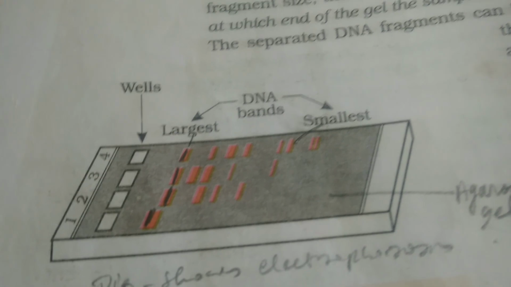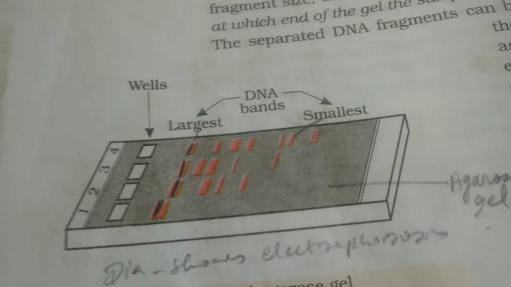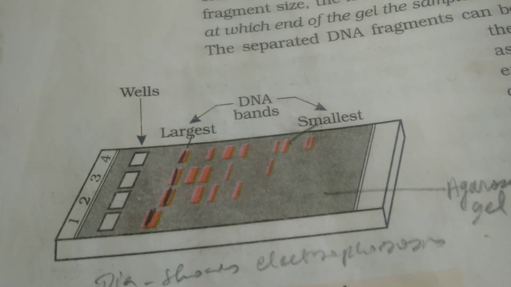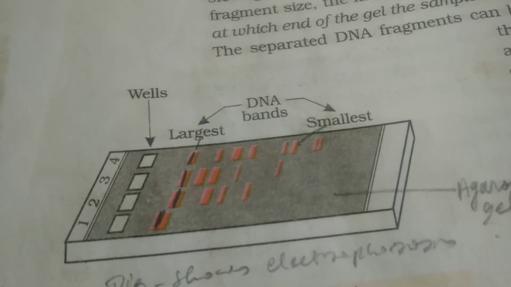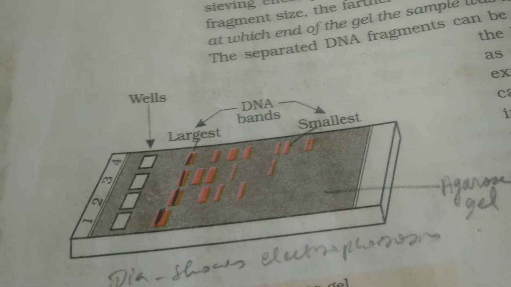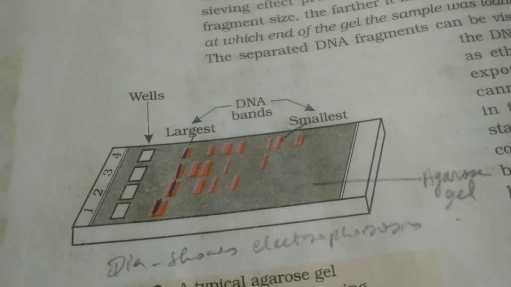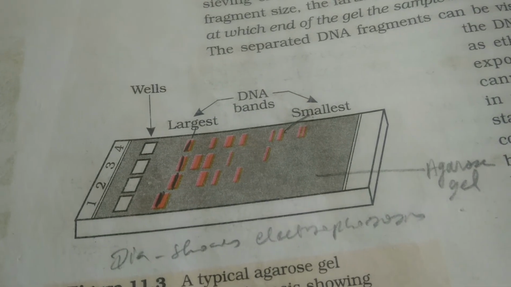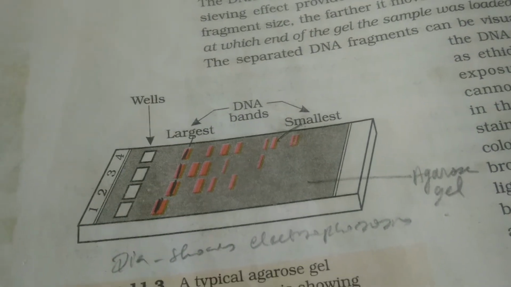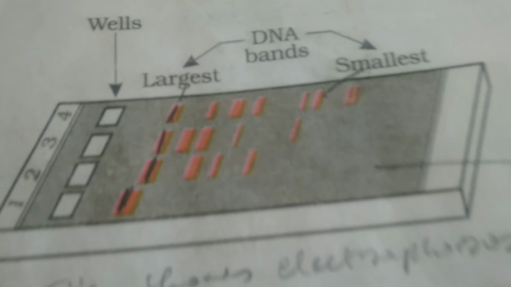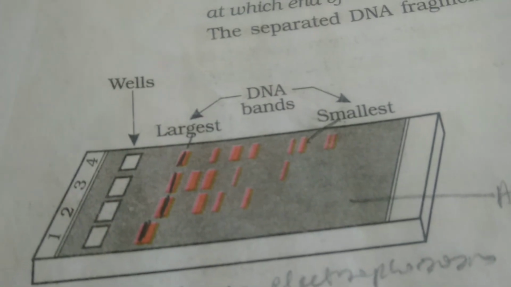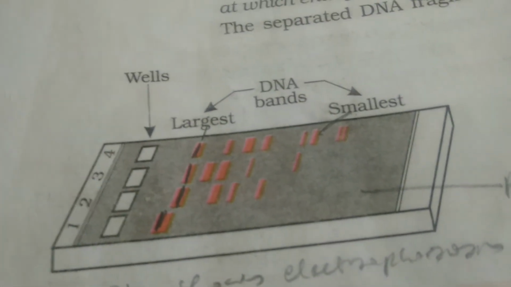In that sample there are DNA fragments. The largest and smallest DNA bands are separated on agarose gel under an electric field on a medium. This whole process is called gel electrophoresis.